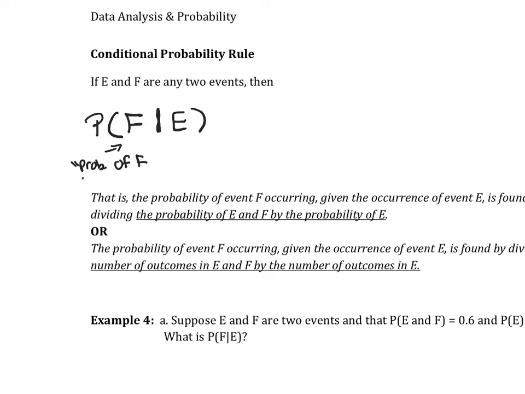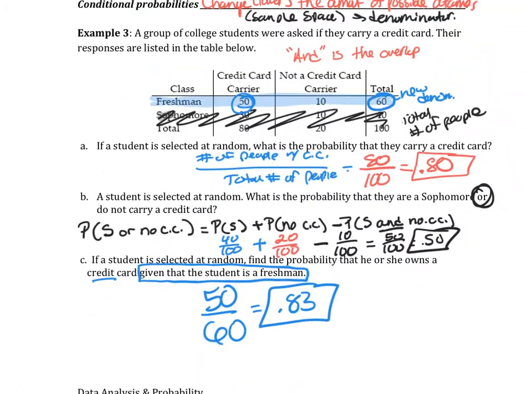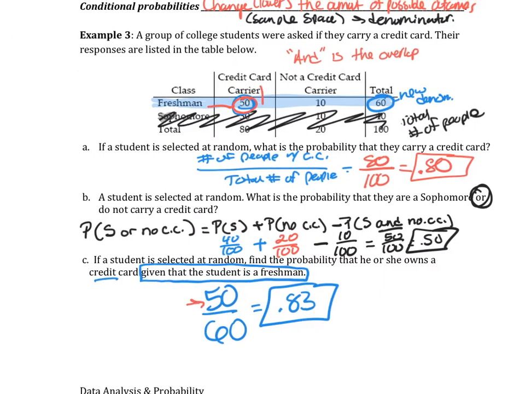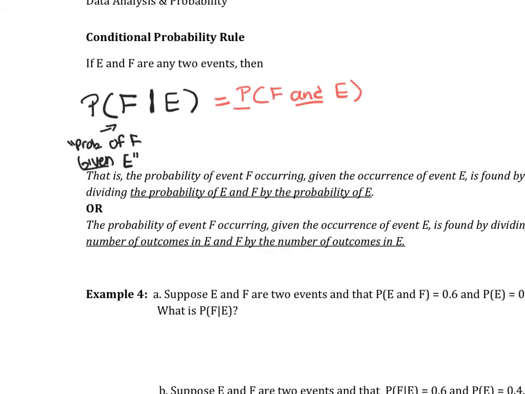Probability of F given E would equal the and probability on top, so the probability that F and E occur, which is why we took the overlap here, credit card and freshman. That was our numerator. And then the denominator is the probability of the given event, because that's the one we know for sure. So again, the one you know for sure, the one that comes second, is always the given information.